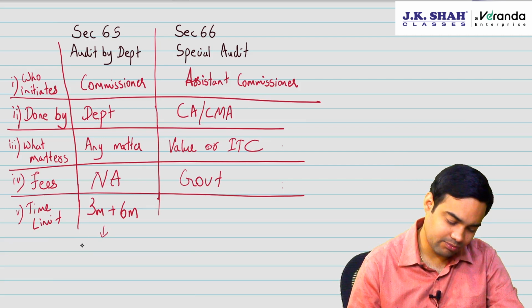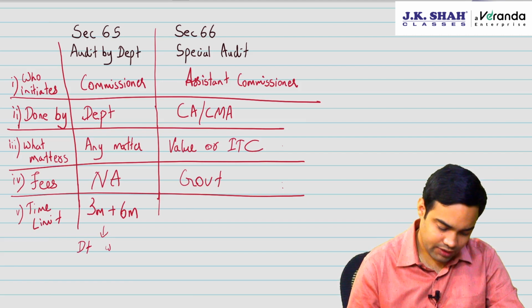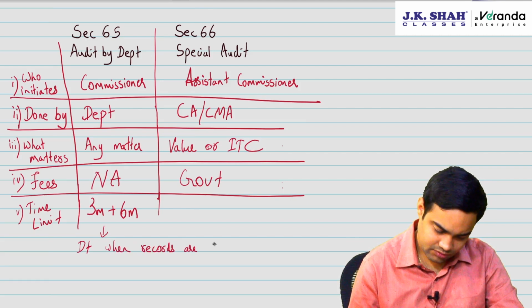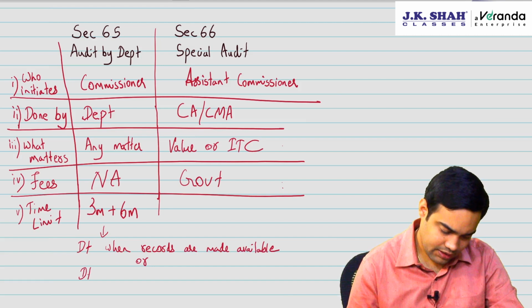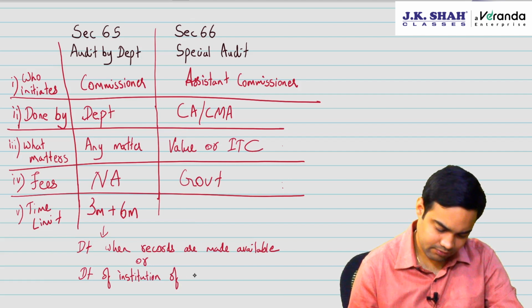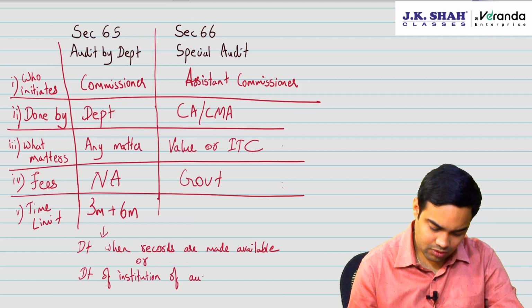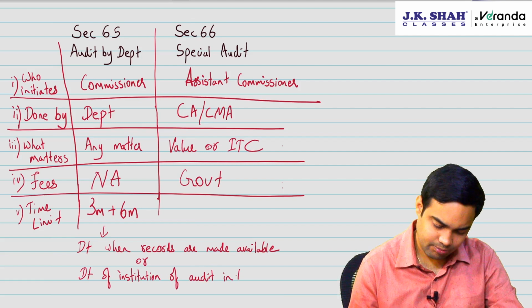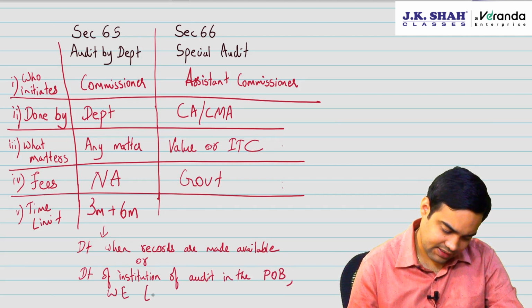It starts from the date when records are made available, or date of institution of audit in the place of business of taxpayer, whichever is later.